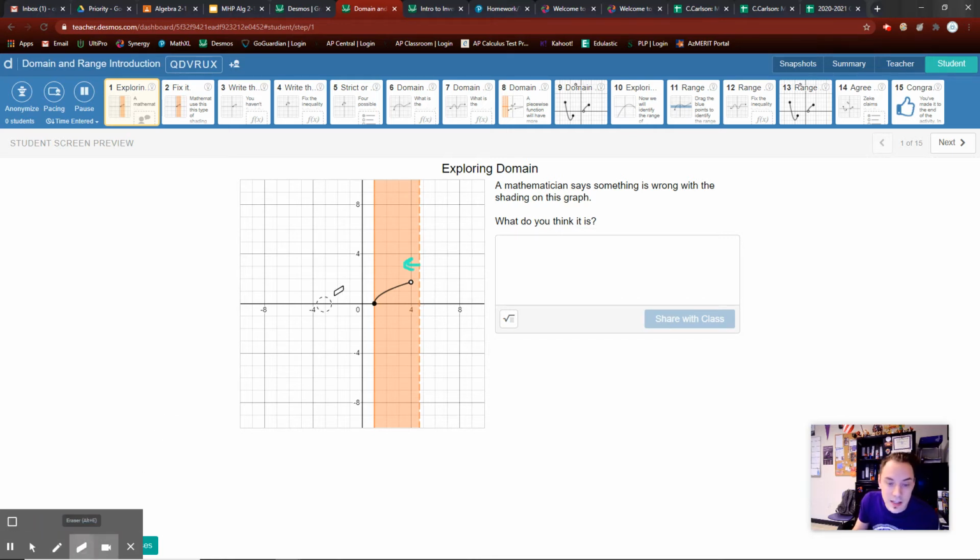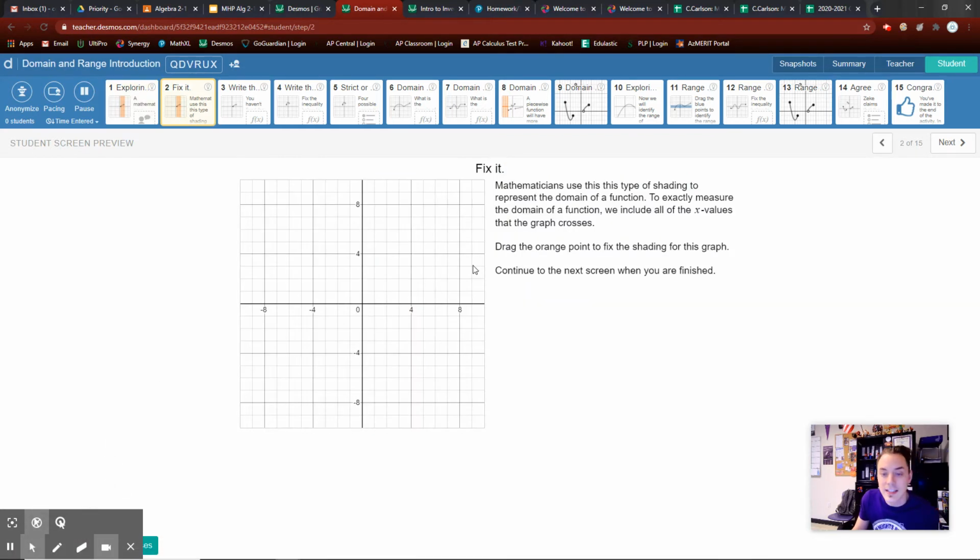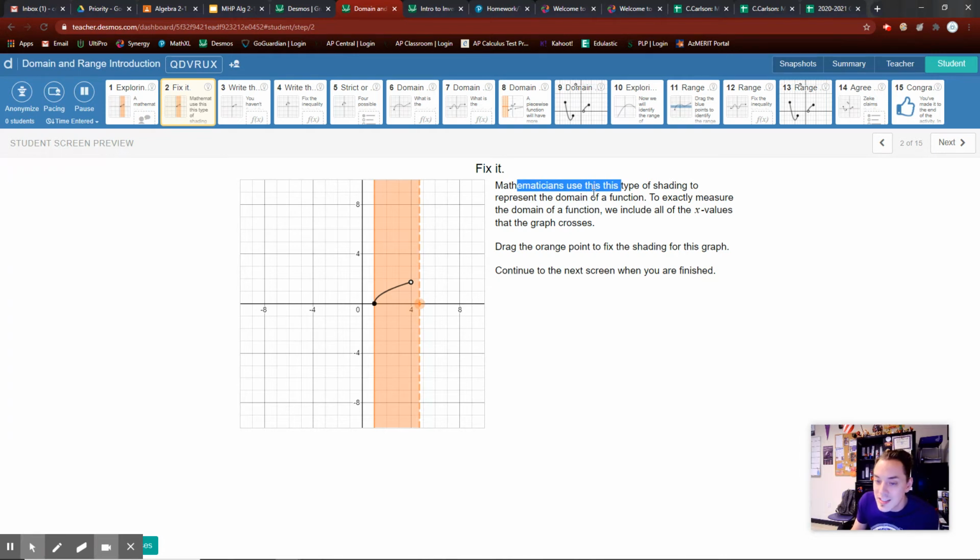Why is that? Because when I go to the next slide, mathematicians use this type of shading to represent the domain of a function. To be exact, the domain of a function includes all of the x values that the graph crosses, or all of the x values in which the graph exists.